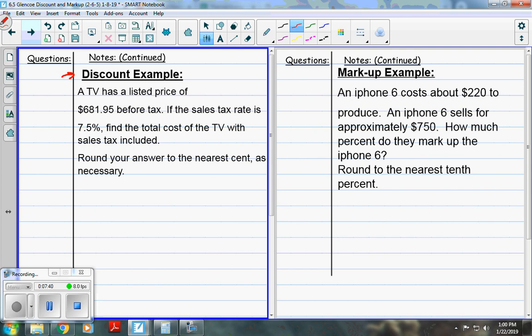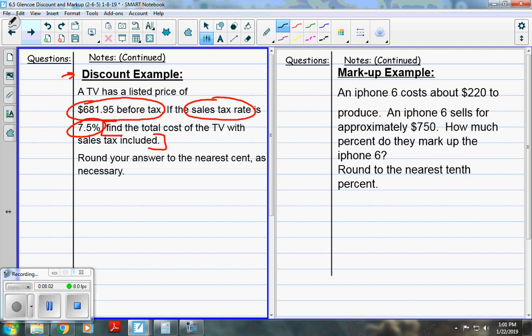Awesome, welcome back. So in the discount example, we have a listed price before tax of $681.95. We know what the sales tax rate is, it's 7.5%. We have to find the total cost of the TV with sales tax included. So you're going to notice this is similar to our second part of the last problem.